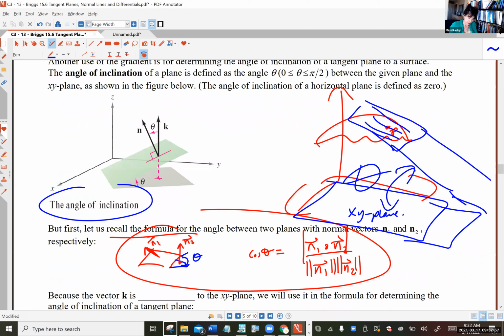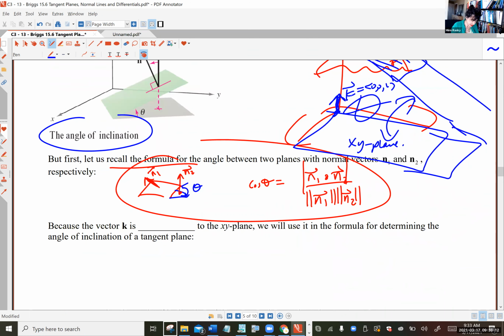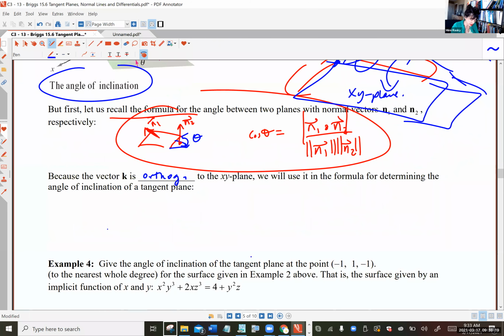Now we also still want it to be an acute angle. What's an obvious normal vector for the XY plane? The obvious normal vector is k hat, which has components 0, 0, 1, because it's orthogonal to the XY plane. So we can use that for the normal vector. The cosine of the angle between your tangent plane and the horizontal is the absolute value of del big F dot the standard unit vector k, divided by the product of the magnitudes.